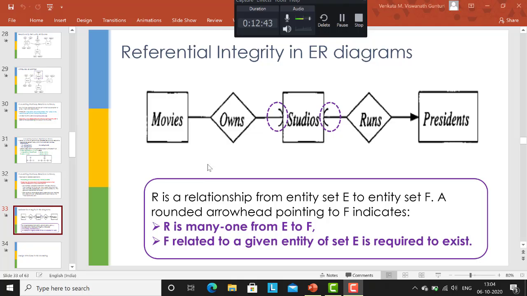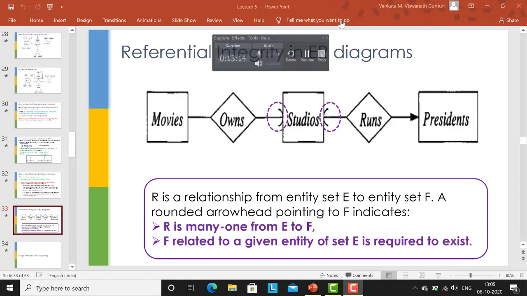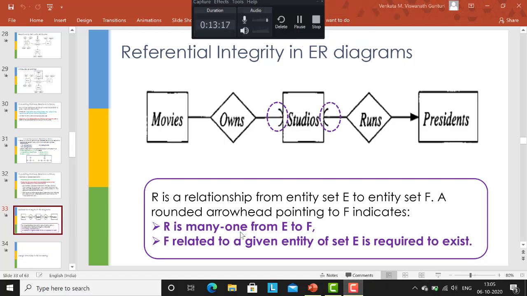But if you want to be very specific in your drawings, then the ER diagram gives you this curved arrow symbol. This curved arrow symbol means that for this, owns is a many to one relationship from movies to studio. So that part still stays as it is, and the second part says that the entity related to any given entity E is required to exist.